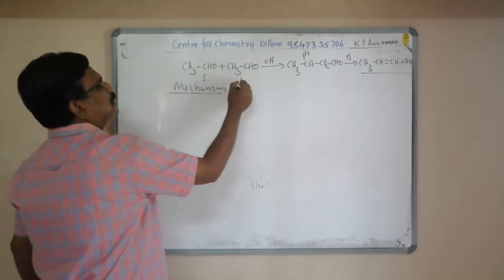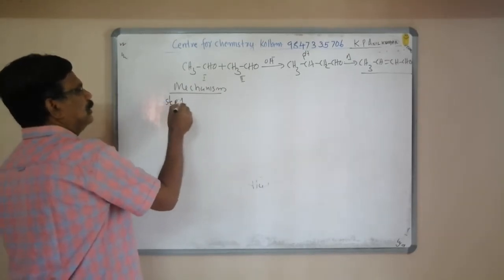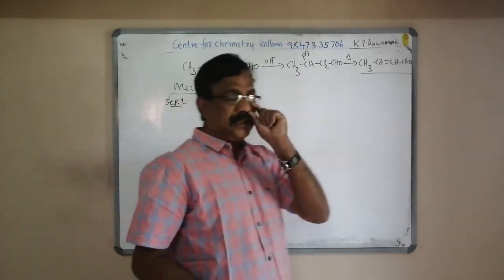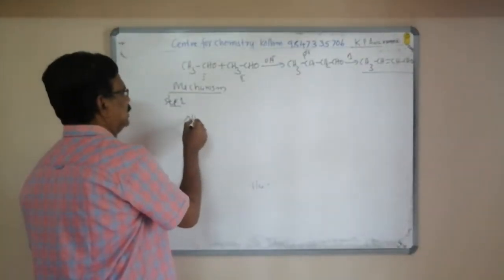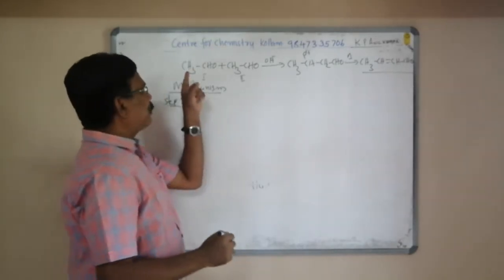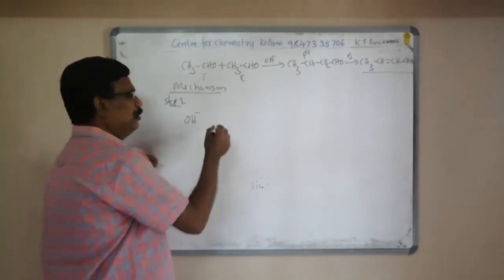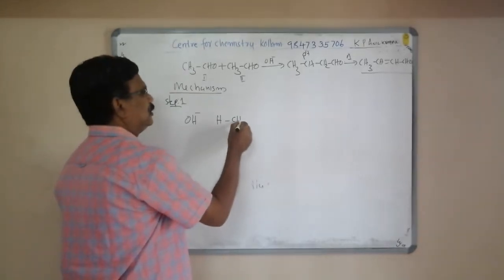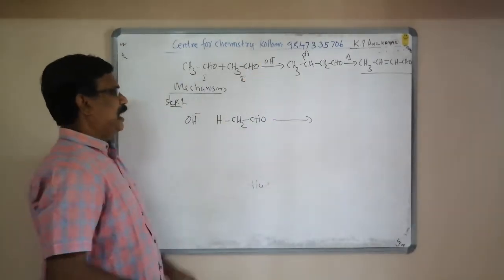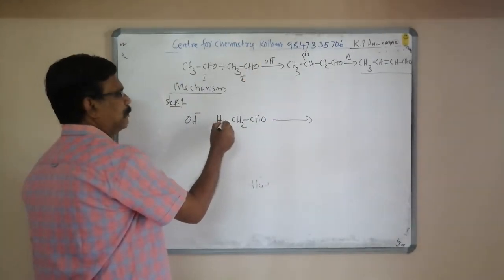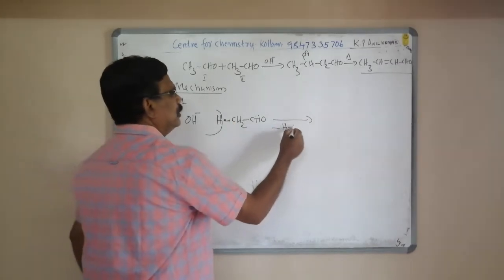First molecule, second molecule. Step 1: this is a base-catalyzed reaction. The base, OH minus, abstracts a proton from the first aldehyde molecule, that is H-CH2-CHO, minus H2O, giving CH2CHO.